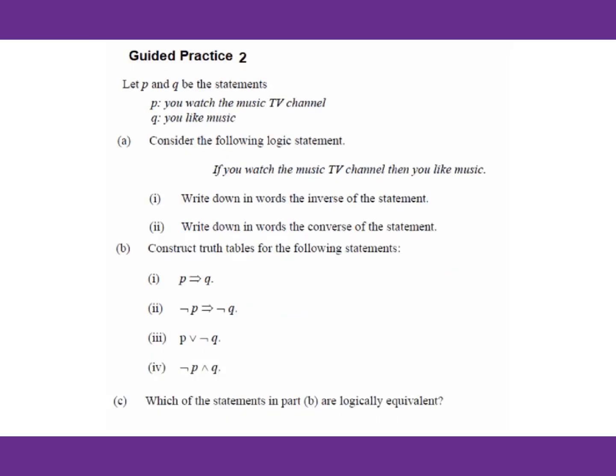Guided practice 2. Let P and Q be statements. P, you watch the music TV channel. Q, you like music. A. Consider the following logic statement. If you watch the music TV channel, then you like music. Write down in words the inverse of the statement.